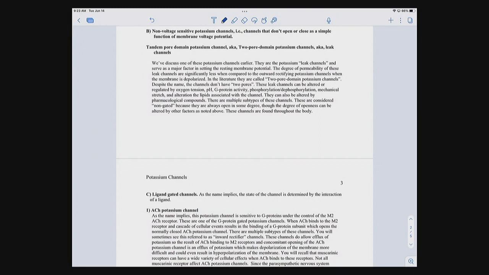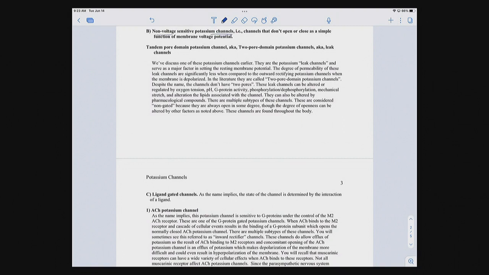Last time we spoke of voltage-sensitive potassium channels and went through the various versions of those, categories and such. Now I want to move to another category of potassium channels, and these are going to be considered non-voltage sensitive potassium channels.